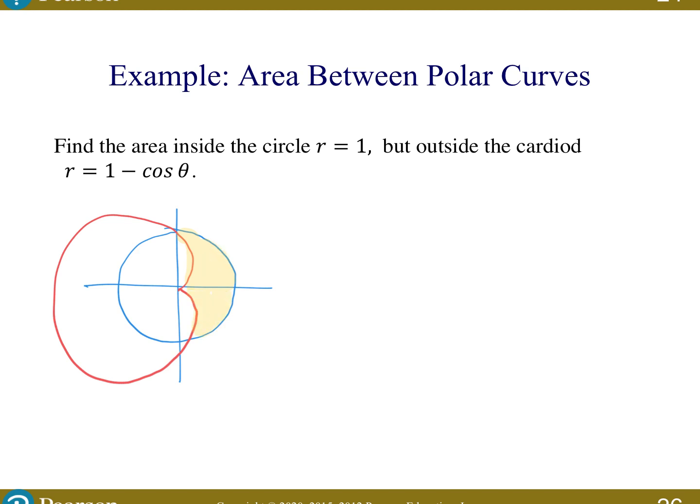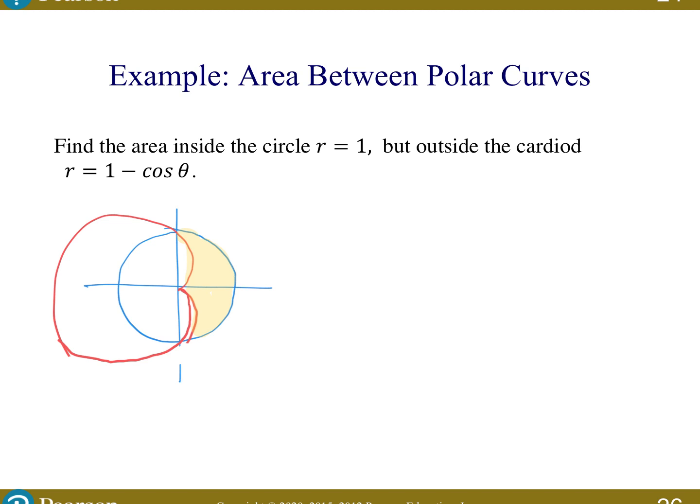It's in the circle, but not in the cardioid. I didn't draw my drawing very well, it should have intersected more like that. Let me fix that a little bit.